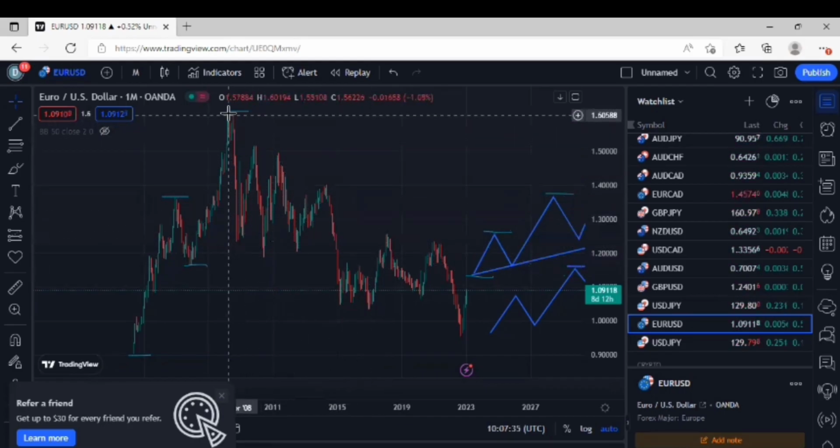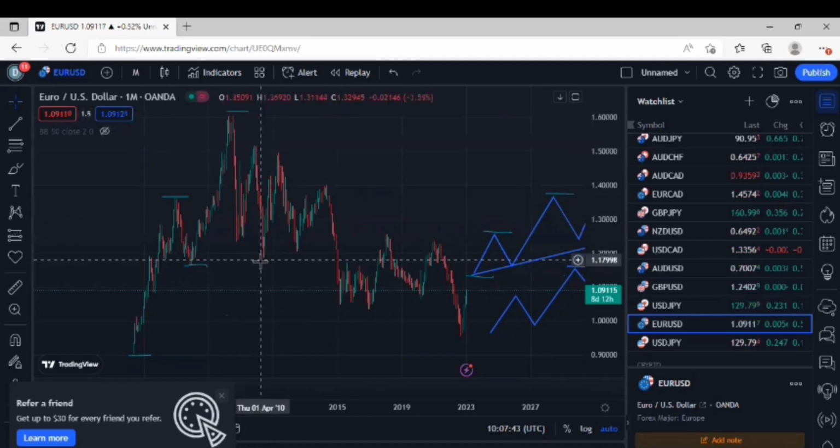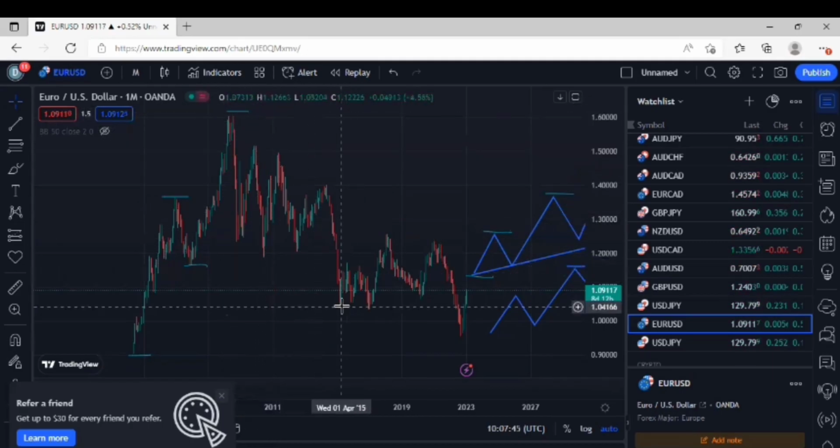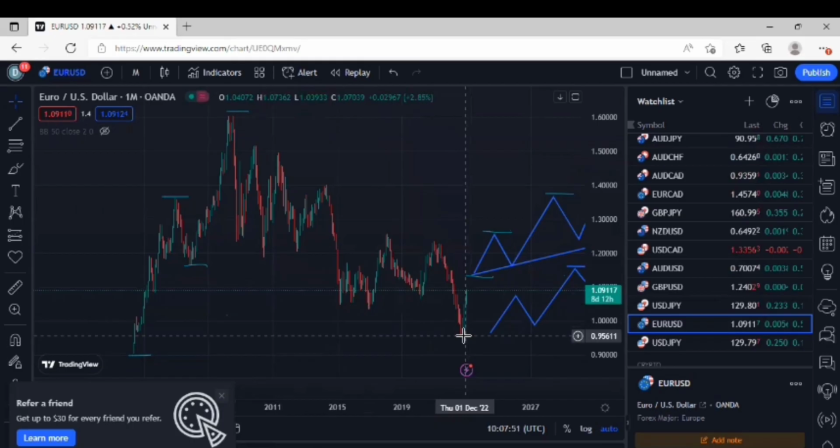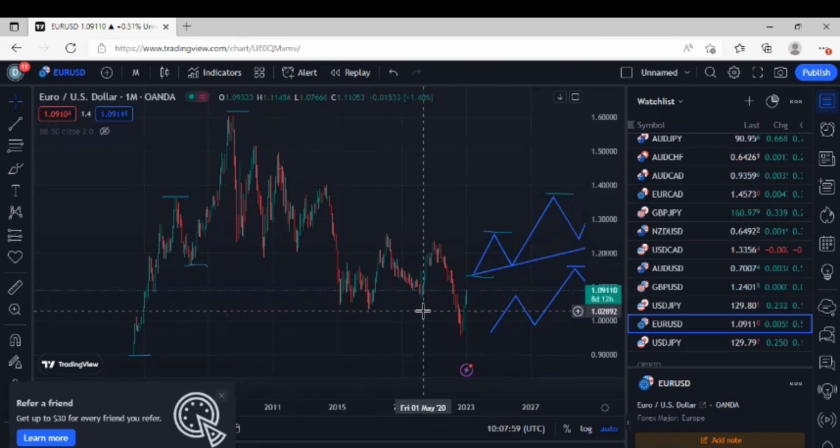You can see it has now begun to print lower high, lower low, lower high, lower low, lower high, then another lower low. So for this one, we are in a downtrend already for Euro USD.